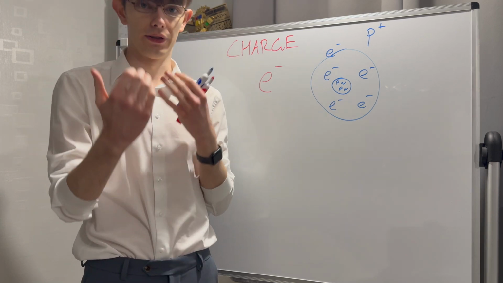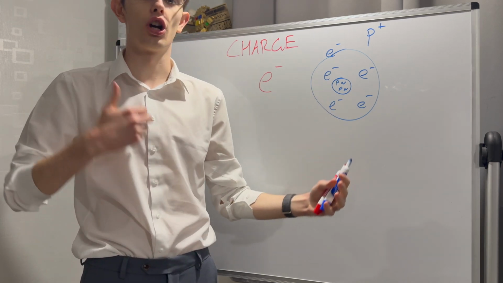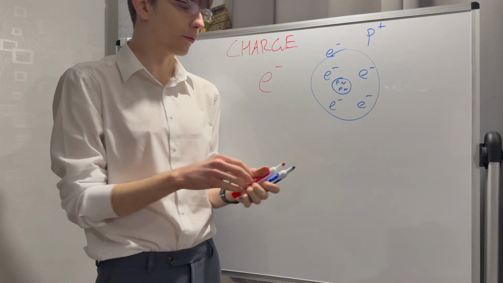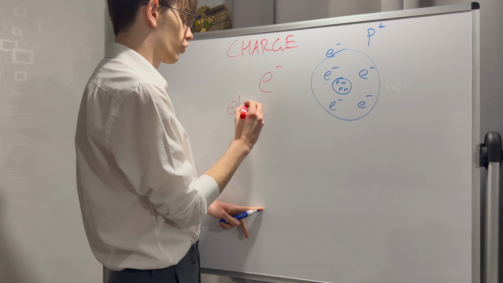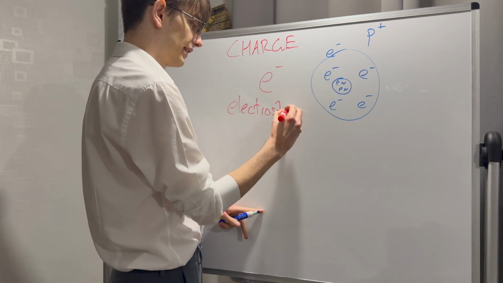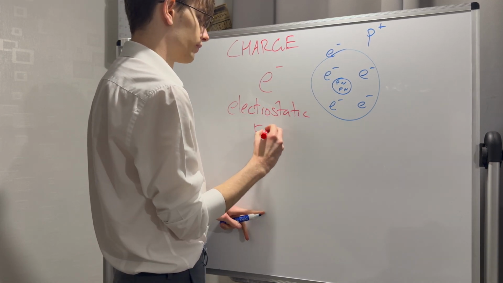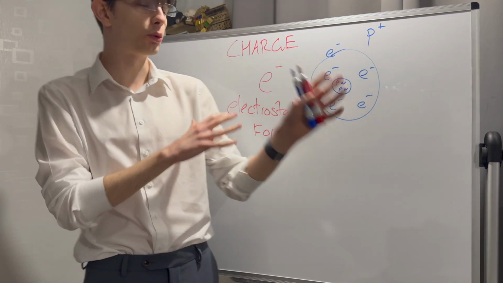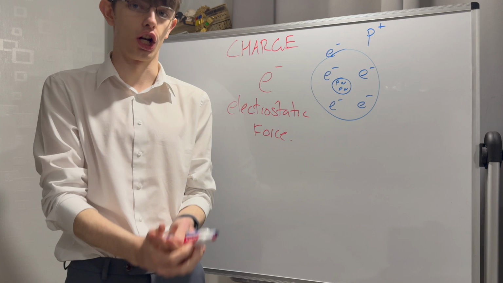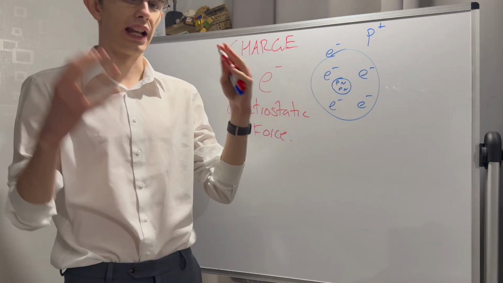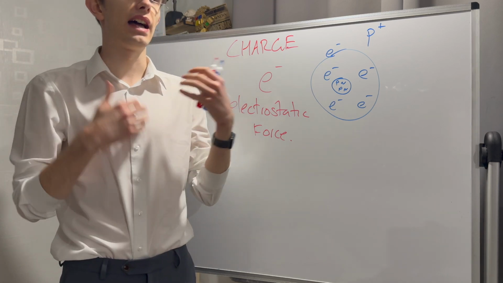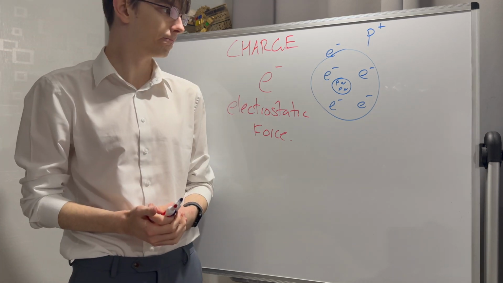And what happens when you have like charges or opposite charges is they interact with each other through something called the electrostatic force. And this is a force that acts between all things that are charged. So it acts between electrons that are next to each other, it acts between protons and electrons, and any multiples of the two.